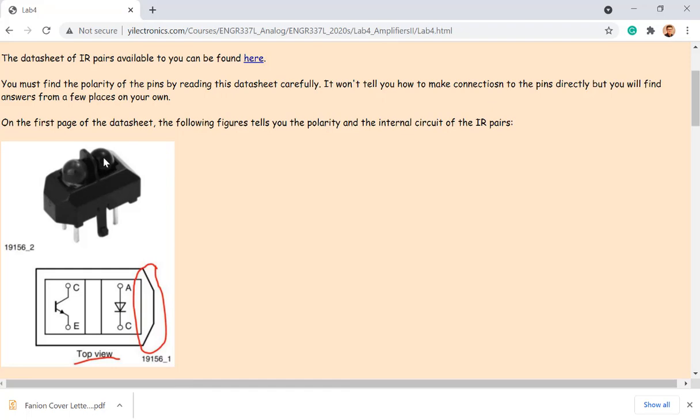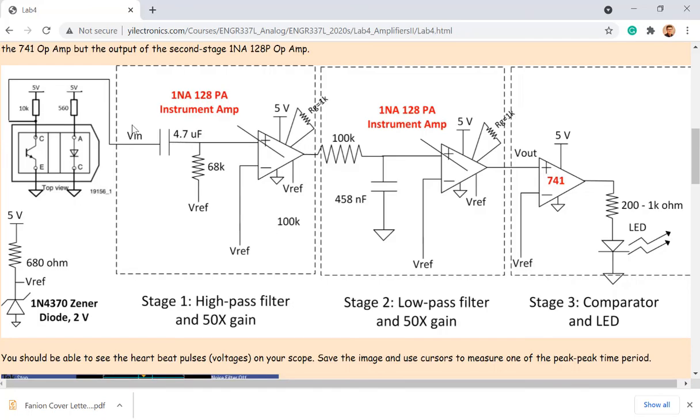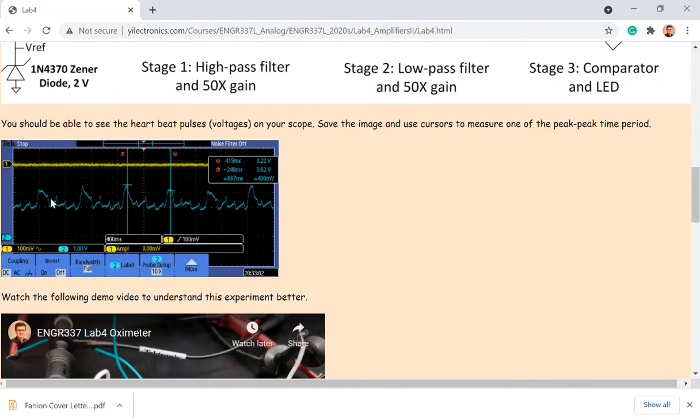So if you detect the output, it's going to be a voltage output changing periodically depending on your heart flow. Whenever your heart pumps blood into a finger, there will be a lot of blood, and of course more oxygen in there. So you are getting different oxygen levels in your fingertip, and so different voltage outputs. And you can amplify it using different stages, and eventually receive this on the oscilloscope.